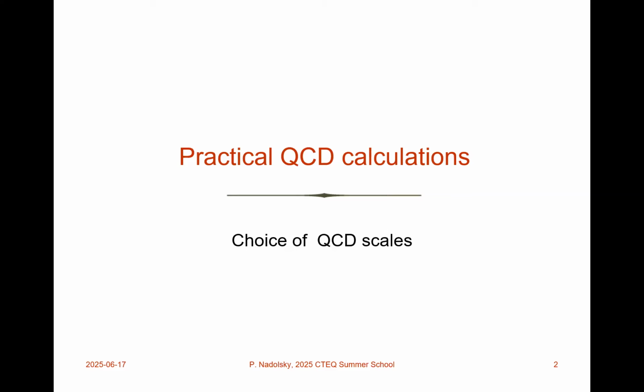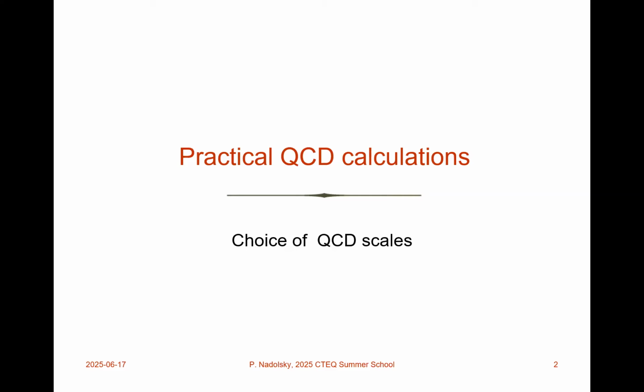But then also we need to know the running coupling alpha S. If there are quarks whose masses are not small compared to the hard scale, we need to include the masses of the quarks, so the masses also can run. And of course, we also need to include parton distribution functions. So the typical formula that you will get will look something like this.